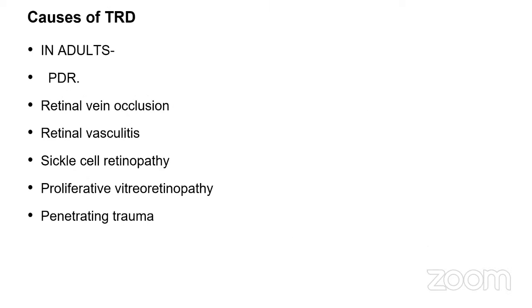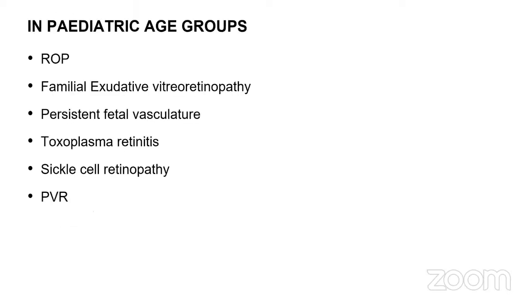In adults, first and foremost is proliferative diabetic retinopathy, then retinal vein occlusions, retinal vasculitis, sickle cell retinopathy, proliferative vitreoretinopathy, and penetrating trauma. In pediatric age groups, retinopathy of prematurity, familial exudative vitreoretinopathy, persistent fetal vasculature, toxoplasma retinitis, sickle cell retinopathy, and PVR.